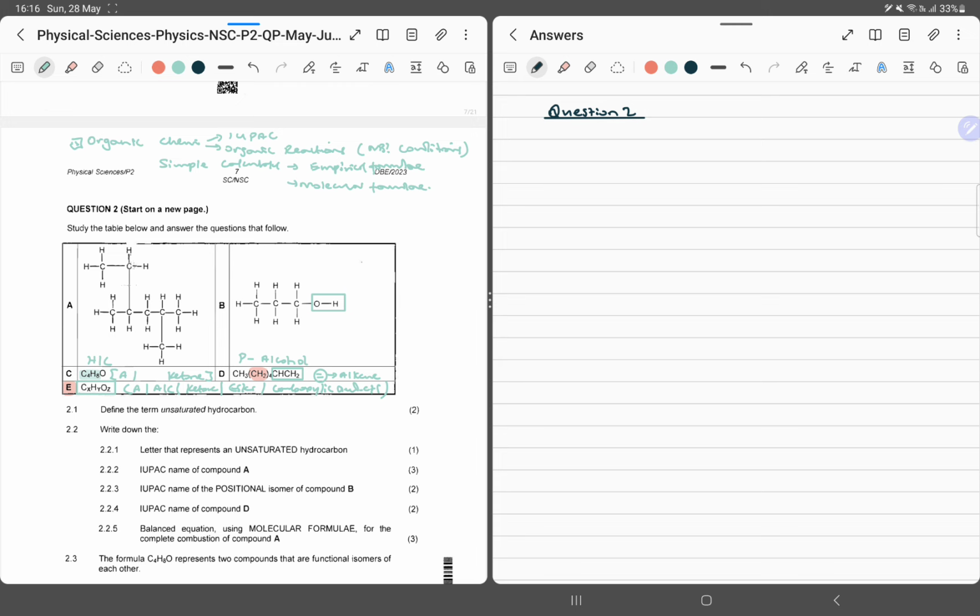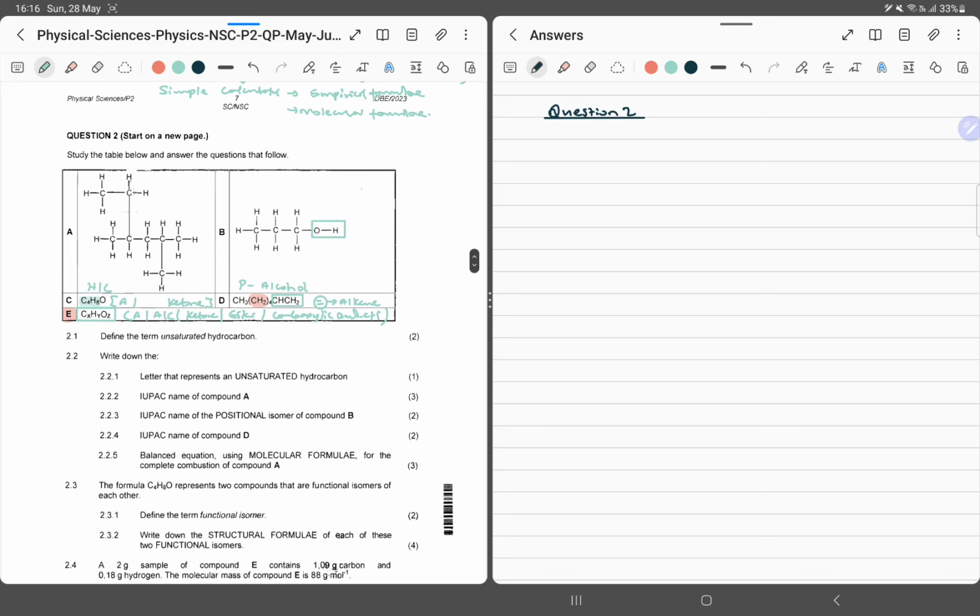Okay, so let's have a look. What is the story here? Define the term unsaturated hydrocarbon. So that is easy because this is stuff you guys already know very well. So we can say it's a hydrocarbon that contains a multiple bond within the carbon chain.